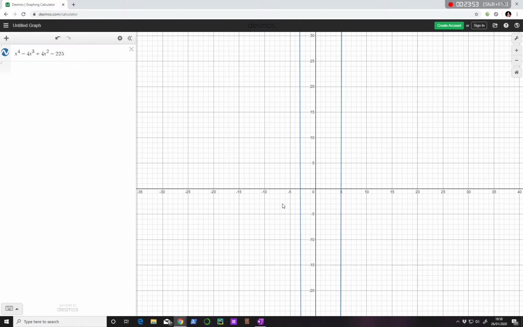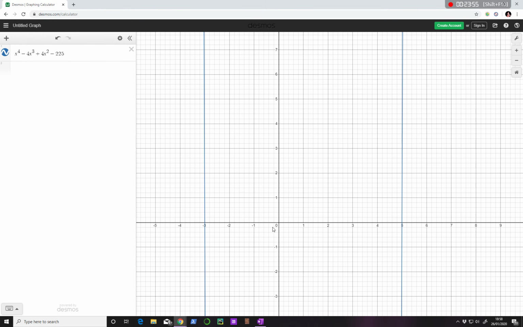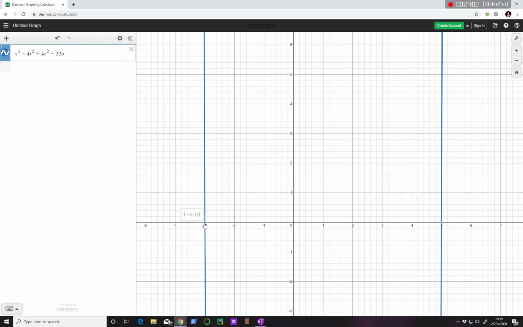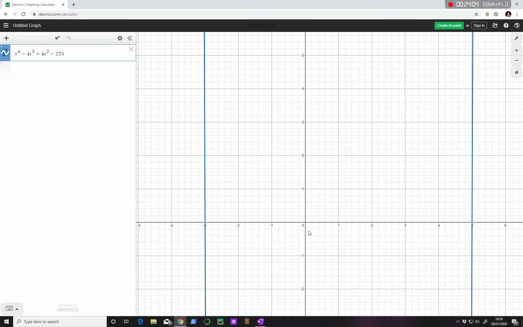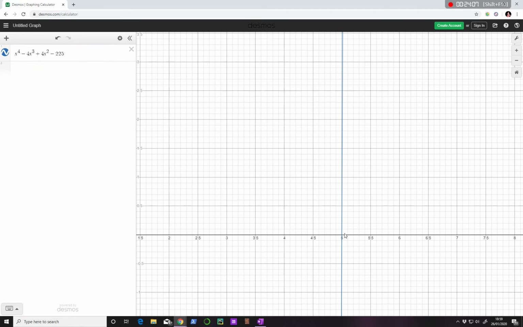And if we zoom in, we get our solutions as x can either be minus 3 or x can be 5.